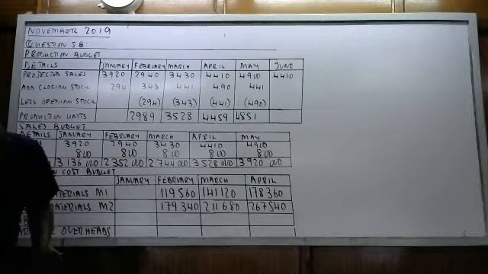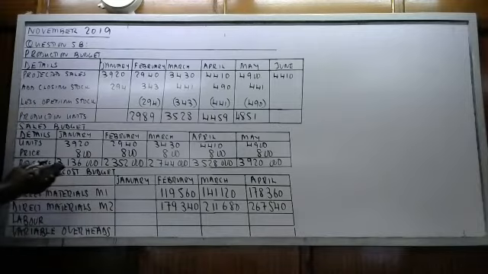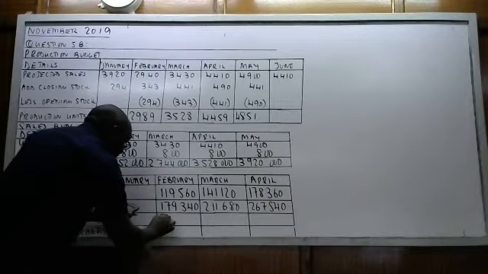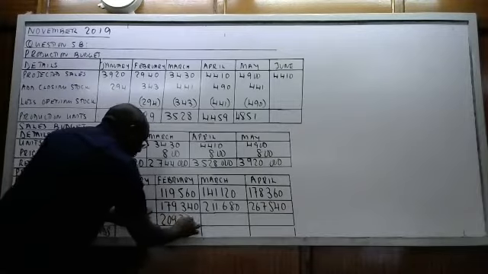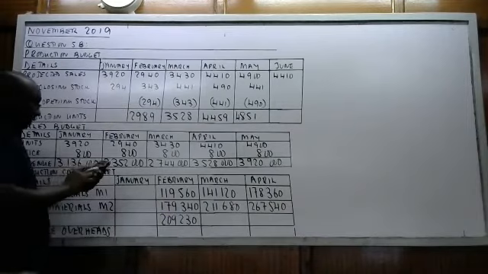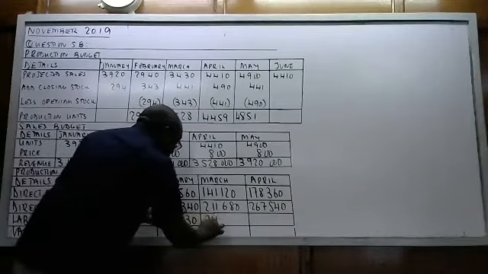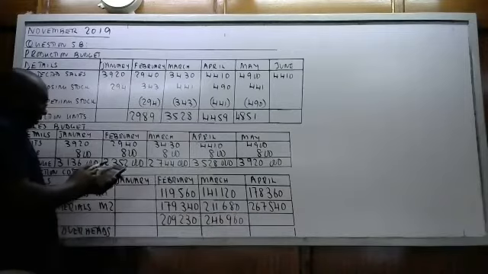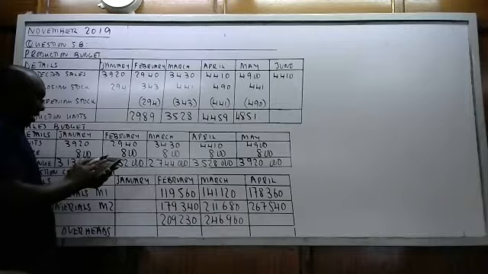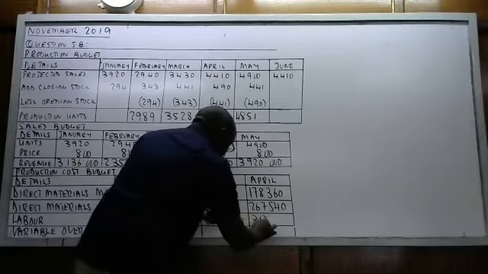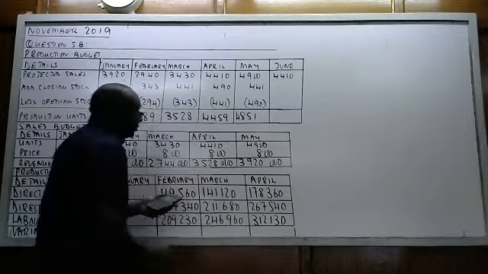Ukienda kwa labor, it is 70. So 2989 times 70 is 209,230. 3528 times 70 is 246,960. 4459 times 70 is 312,130.